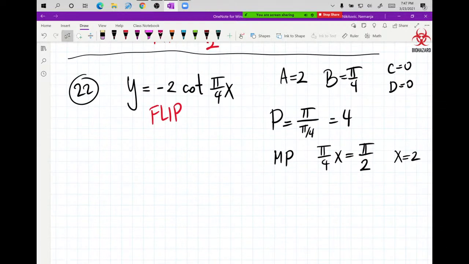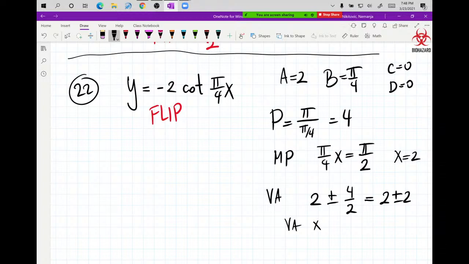Okay. Now, I can get my vertical asymptotes as midpoint 2 plus minus half of the period. So that's 2 plus minus 2. So one vertical asymptote is at x equals 0, and the other is at x equals 4. Okay, that's good, because in between two asymptotes, you should have a whole period. Yes, I do have the whole period in between two asymptotes. Nice.